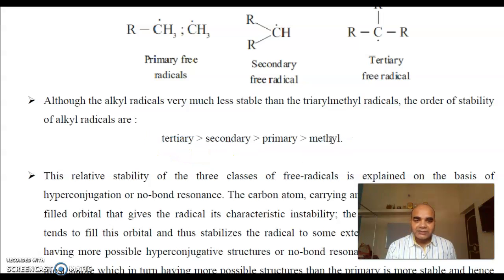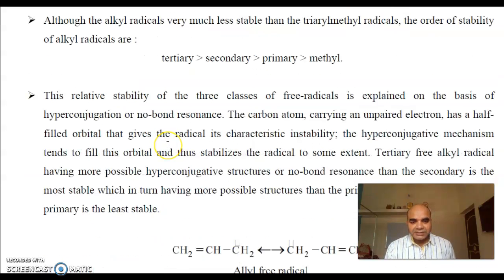Why? Because free radicals are also electron deficient. This electron deficiency is taken up by electron donating groups like alkyl groups, so the tertiary free radical is most stable. This is one of the reasons, and the main reason behind the extra stability is hyperconjugation, that is, no bond resonance.